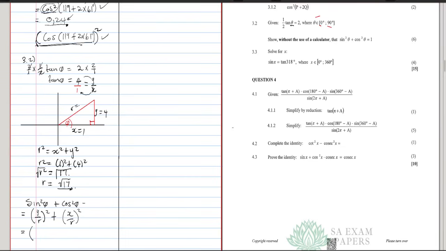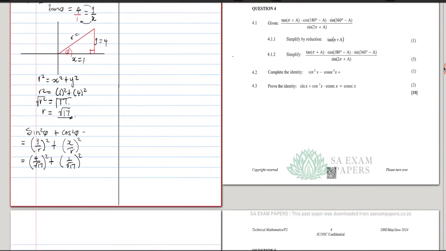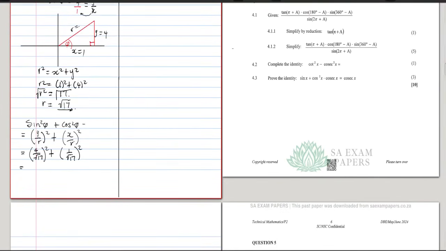What is the y value? It's 4. R is square root 17, squared, plus x, that is 1, over r, which is square root 17 as well, squared, like this.